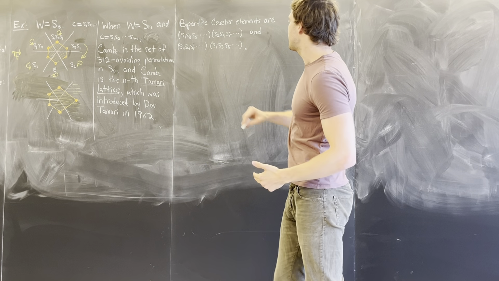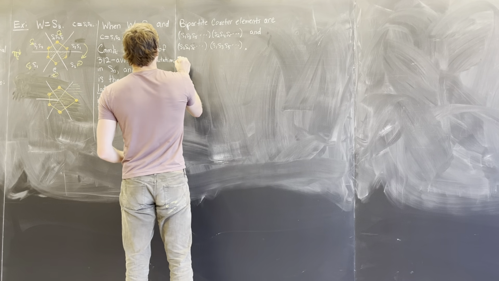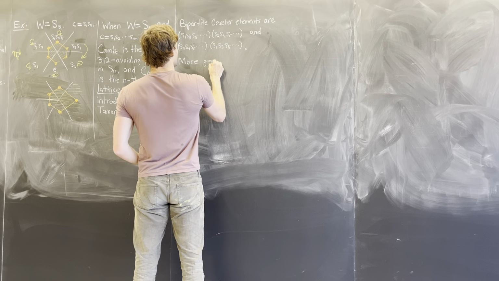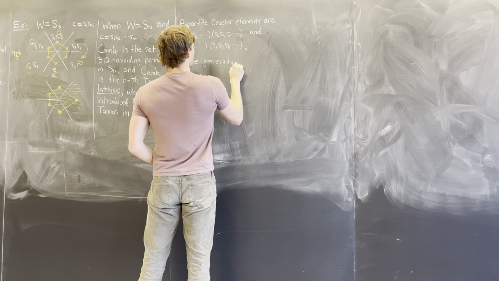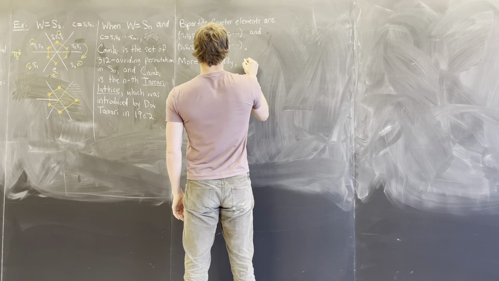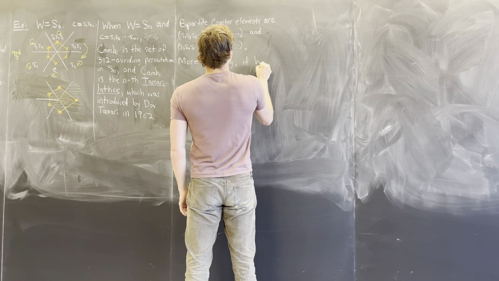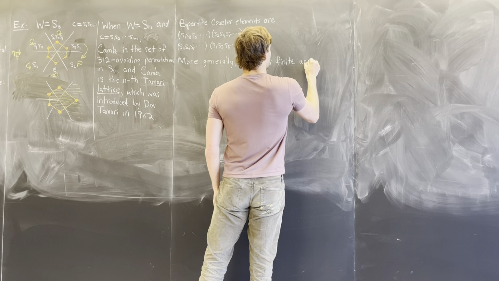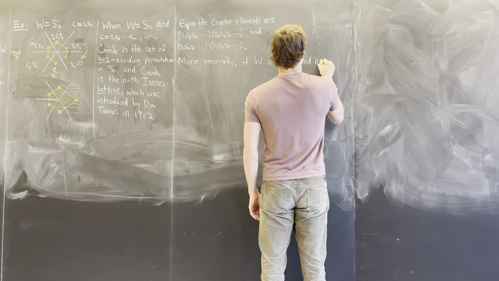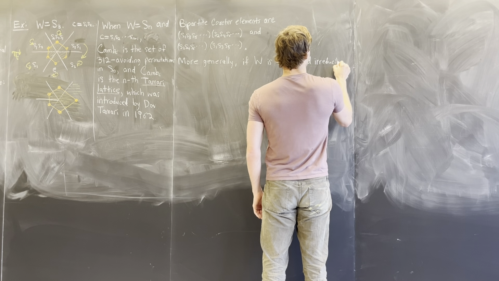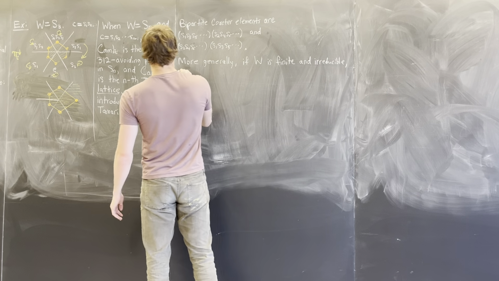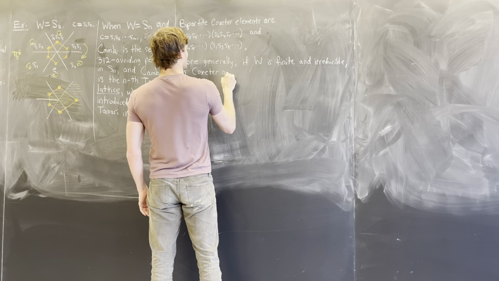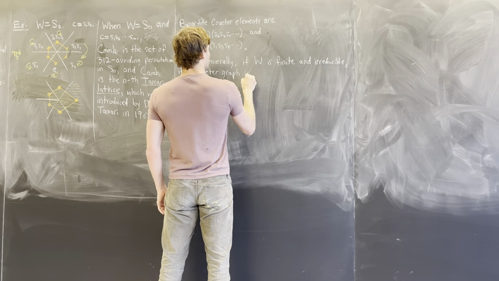And the reason it's called bipartite is, okay, more generally, if W is finite and irreducible, then its Coxeter graph is a tree.